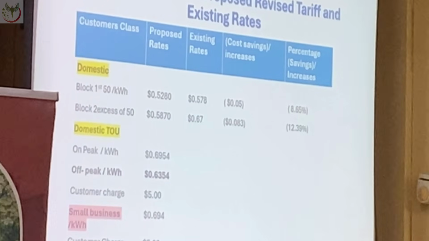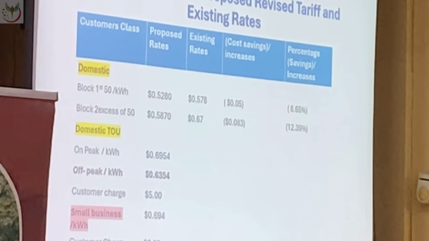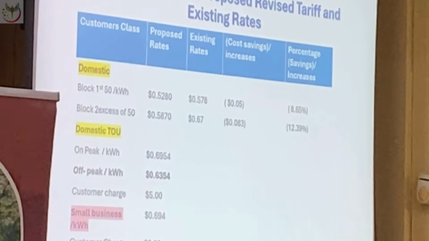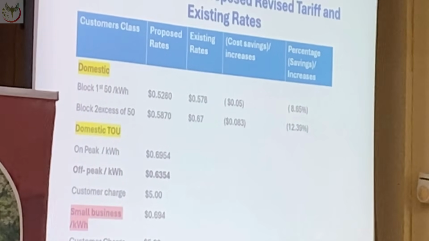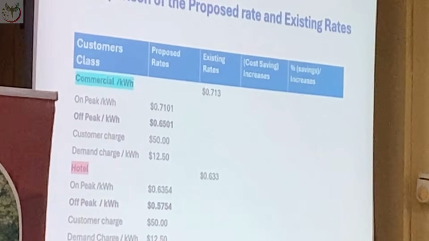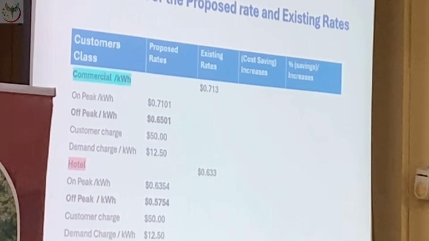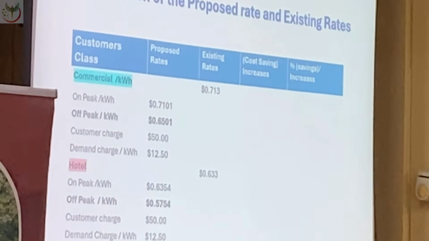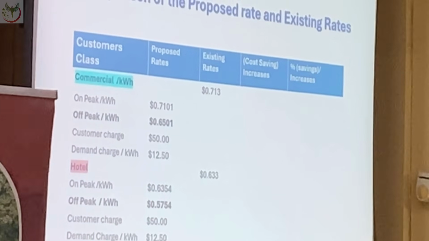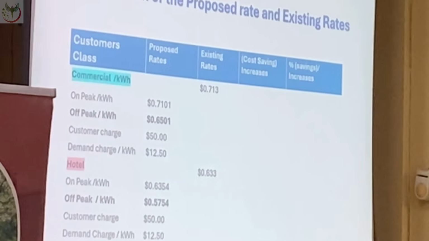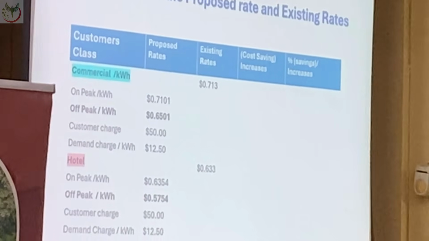Now, there's also a customer charge, which of course DOMLEC will explain this as we go along. We're also seeing the rates for small business customers, and we're seeing the customer charge associated with that. Also, we have the commercial rates on and off peak, the customer charge, which of course are flat rates, hotel customer on and off peak, with of course a customer charge and a demand charge.